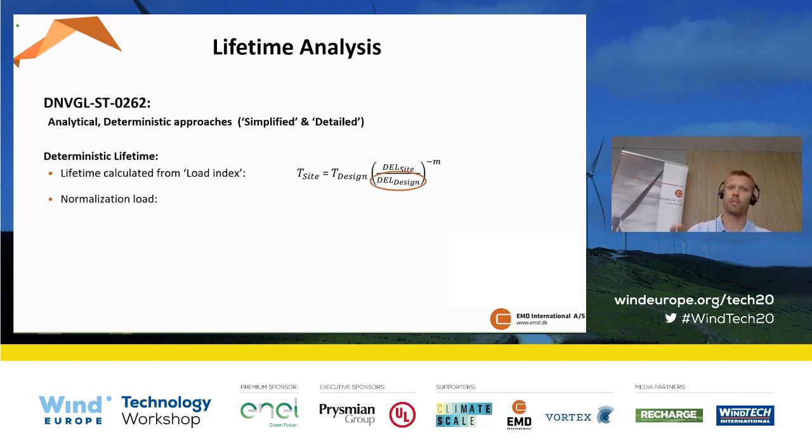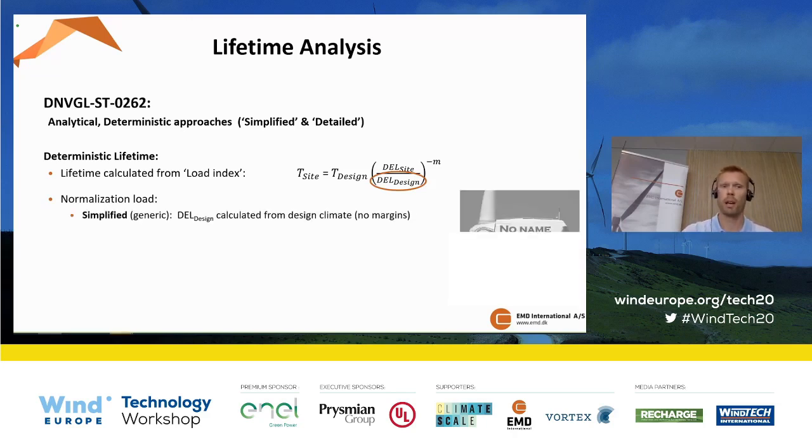So the interesting part here is the numerator, what we call the normalization load or the design load. Because for the simplified approach, the generic approach, we don't have this. So we have to calculate it as the loads for the design climate, which means that we cannot account for any design margins in the turbine, that the turbine is actually a bit stronger in certain components than was required in the standard.